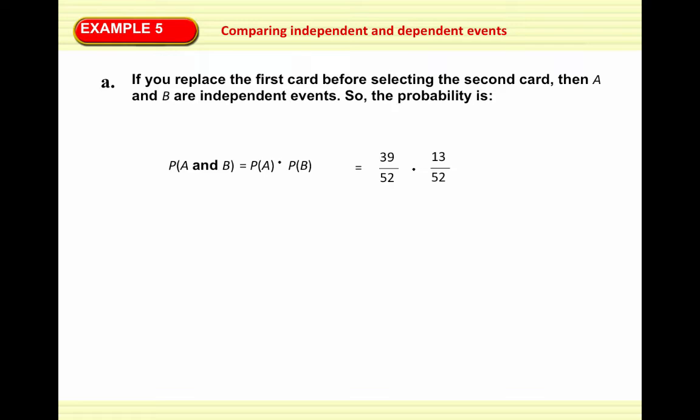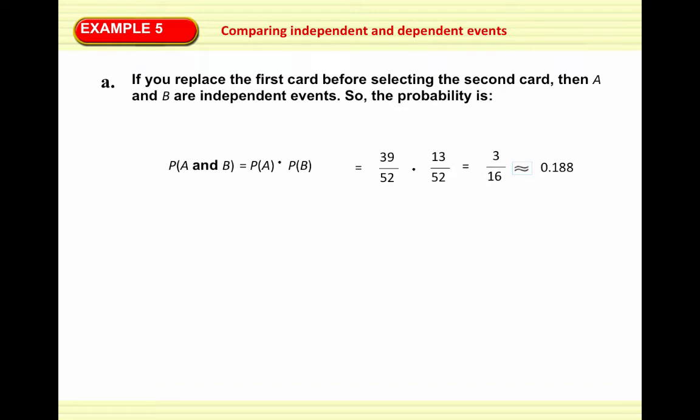Okay, that's our diamonds, clubs, and spades. So add all that up, you get 39 out of 52 cards. And then for our second, the probability that we do draw a heart would be the 13 hearts out of all 52 cards. And that multiplies and reduces to be 3 out of 16, which is about 0.188.